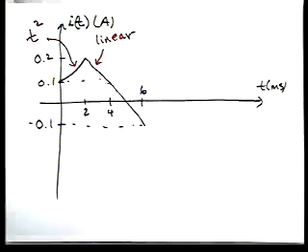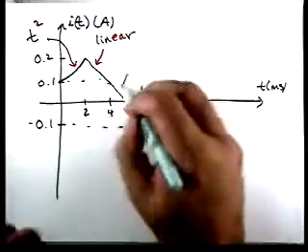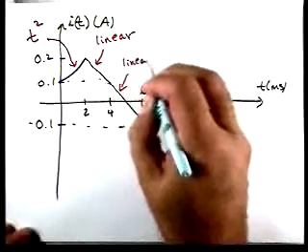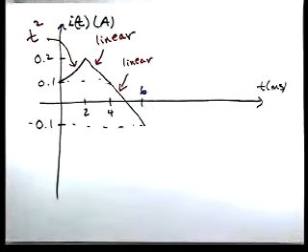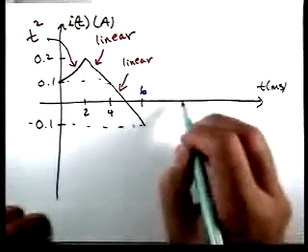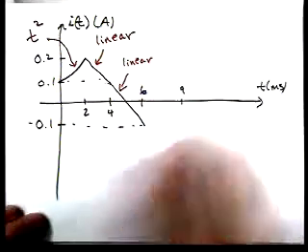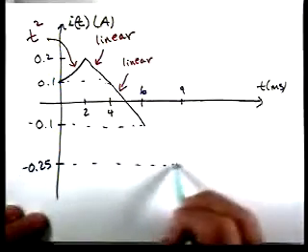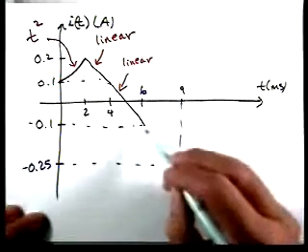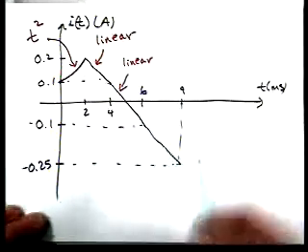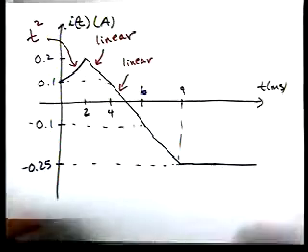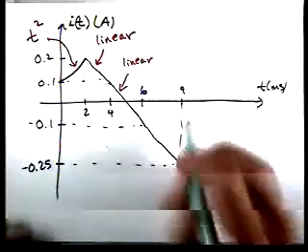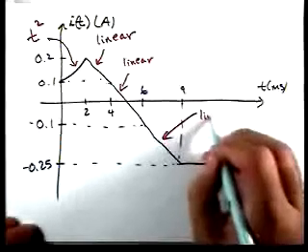Again, this is still linear. Then at 9, we wind up at minus 0.25. And then we stay there. So again, this is linear as well.